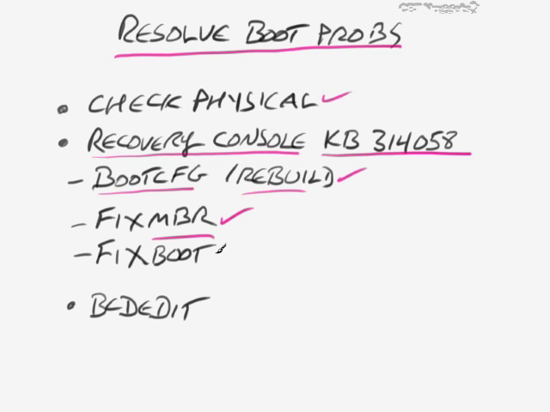And then there's the fix boot item. What this is going to do is repair or restore the Windows boot sector code on the system partition. Now, if you're running Windows Vista, then you're not going to be using a boot INI file, so instead you'll need to adjust the boot properties of the operating system by using this tool, which is BCD Edit. This has to be run as an administrator.